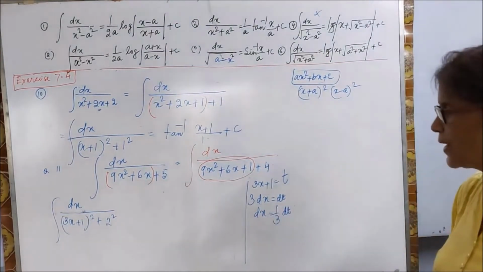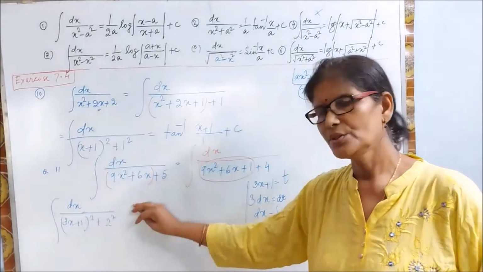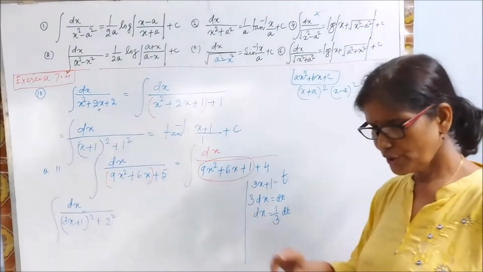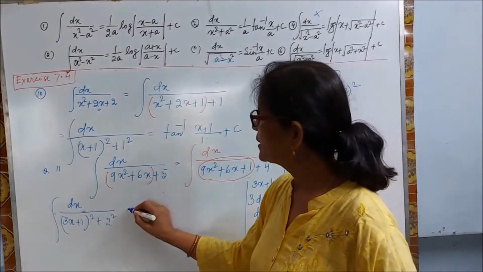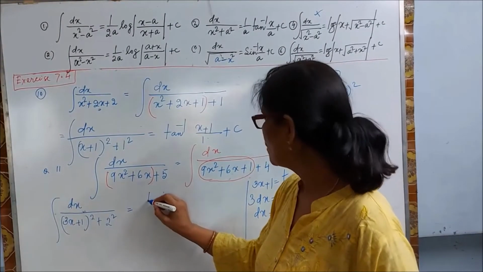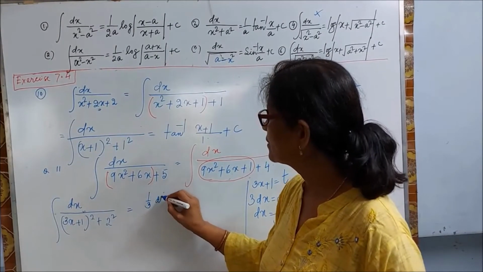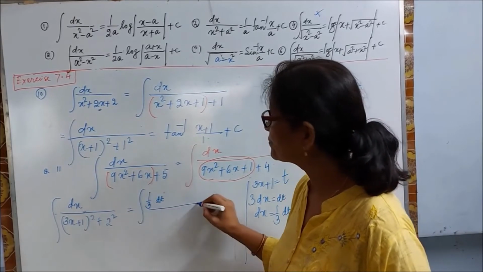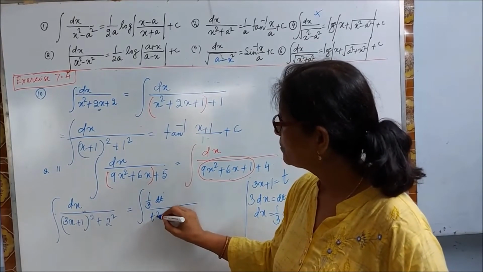So at this step either you mentally think that 1 by 3 will be divided, or you write the steps. You write as I wrote, it will be 1 by 3 dt upon t square plus 2 square.